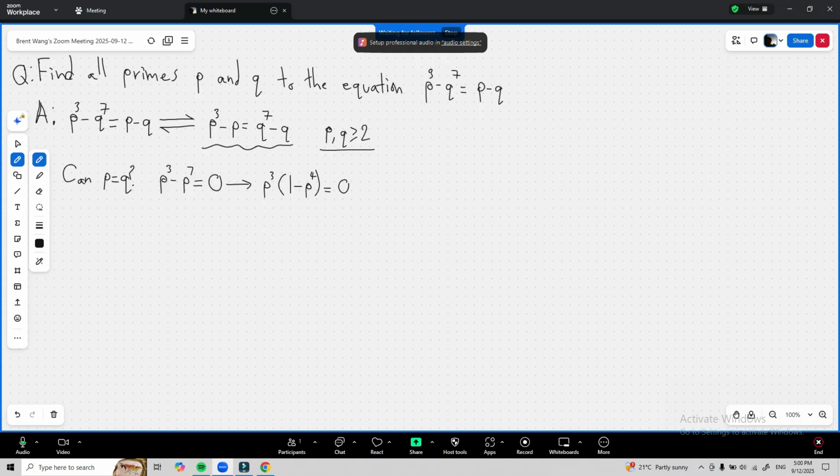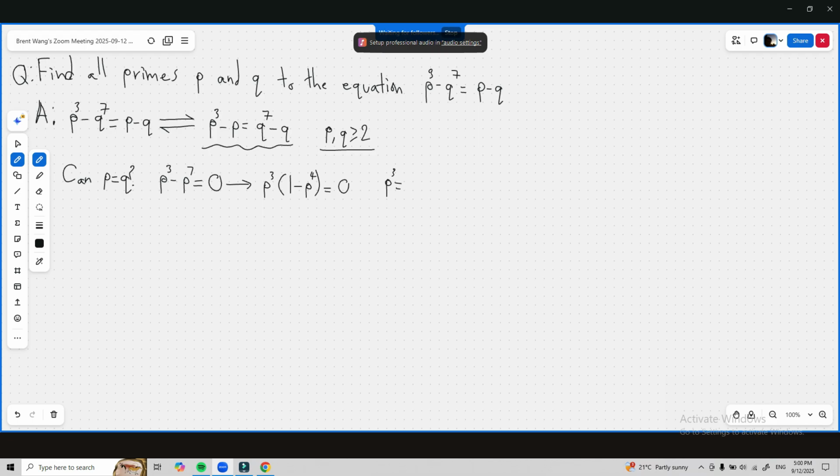If p cubed is equal to 0, then p is equal to 0, and if 1 minus p to the 4 is equal to 0, then p is plus or minus 1. As you know, 0 and 1 are not primes, so these are not acceptable answers, which means that p cannot equal q.